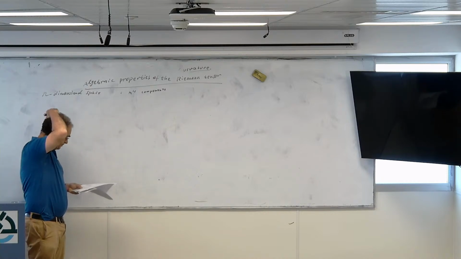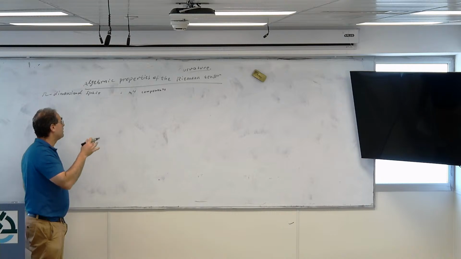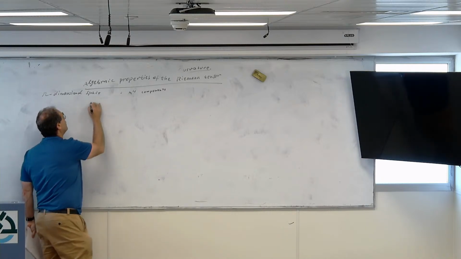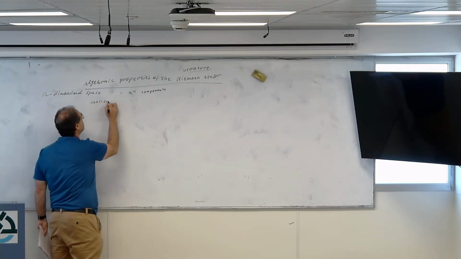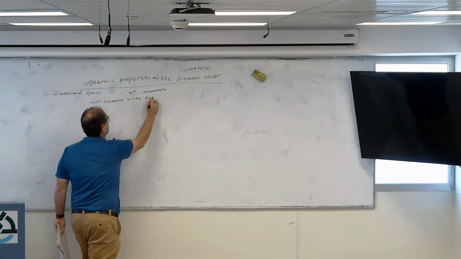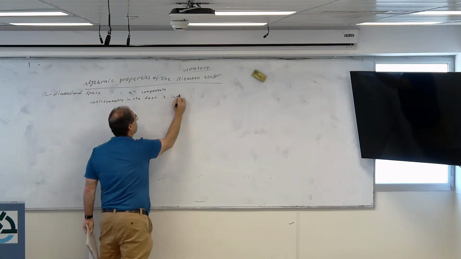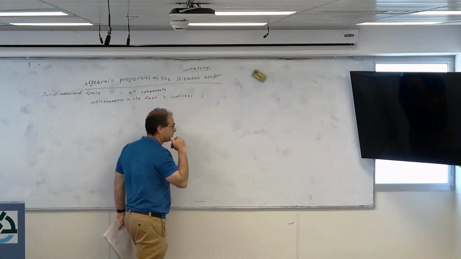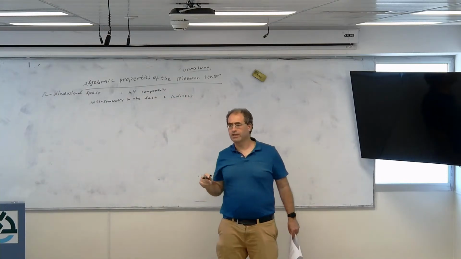But in the last 2 indices, there is antisymmetry. So how many independent components can there be in the last 2 indices?